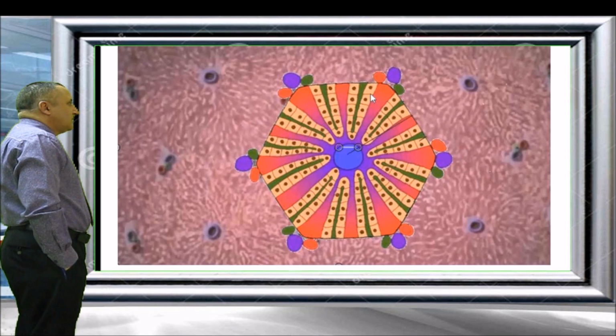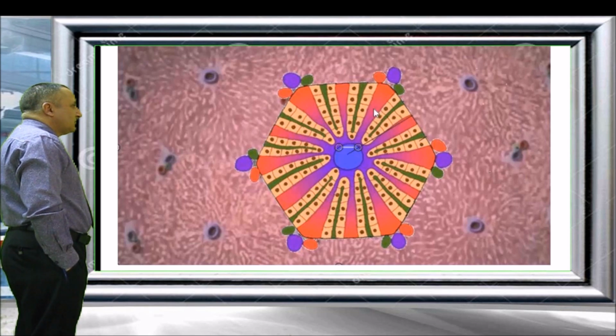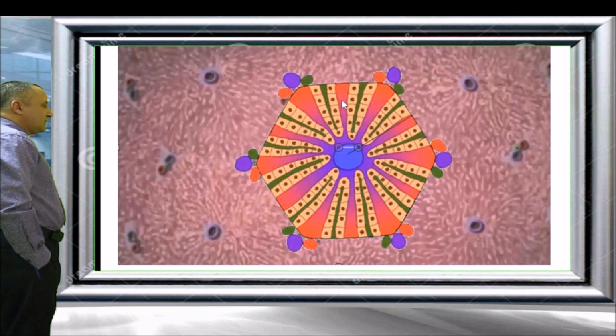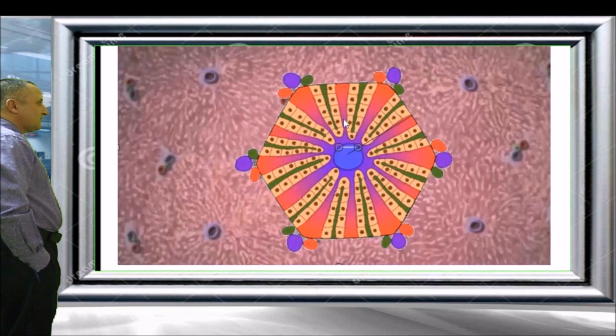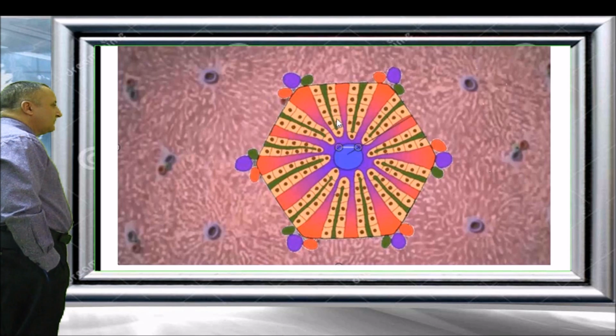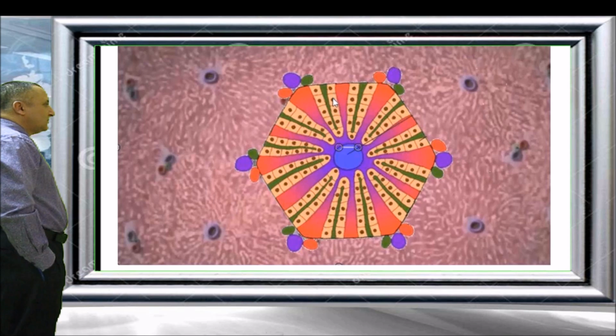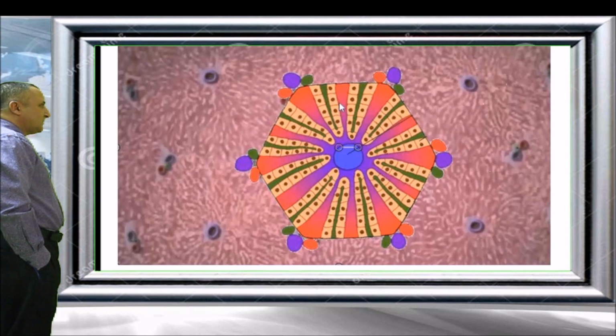We also see here that on either side of these cellular plates, on either side of the hepatocytes, there are sinusoids. So on this side there is a sinusoid, and on this side of the cellular plate there is a sinusoid. That means on either side of these cellular sheets or plates, or on either side of these hepatocytes, are the sinusoids.